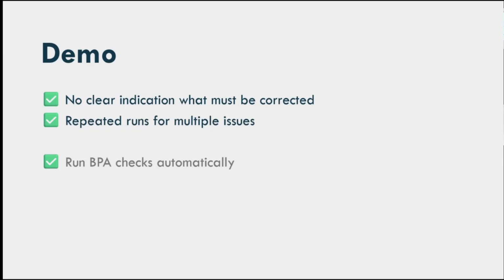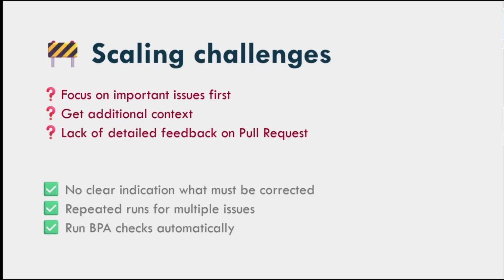So we run the Best Practice Analyzer, which analyzes our reports, and it returns what you can see. If you run this on your computer, you will have a nice summary once it's finished.